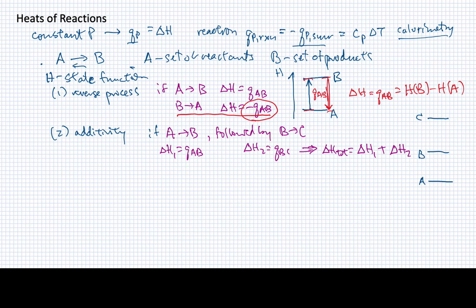Now, I've written this so that they're both positive quantities. I could have written it in such a way that one of these was a negative quantity. They still add up, but you have to pay attention to the sign of the heat change in order to track that change as we're going through this.